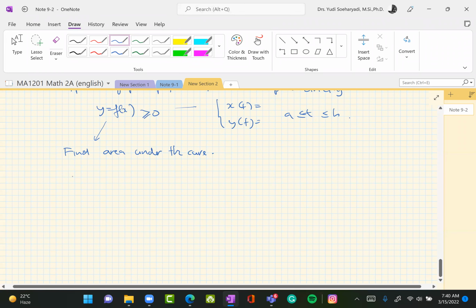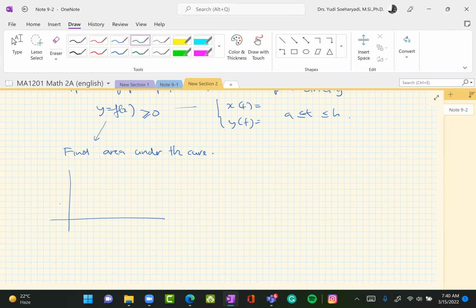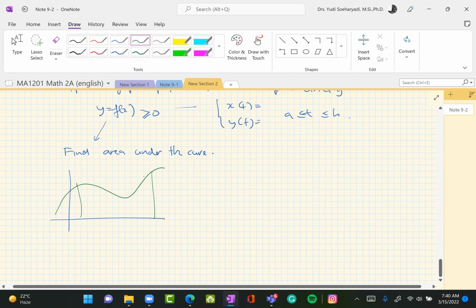So suppose the graph looks like this, and you would like to find this area here.